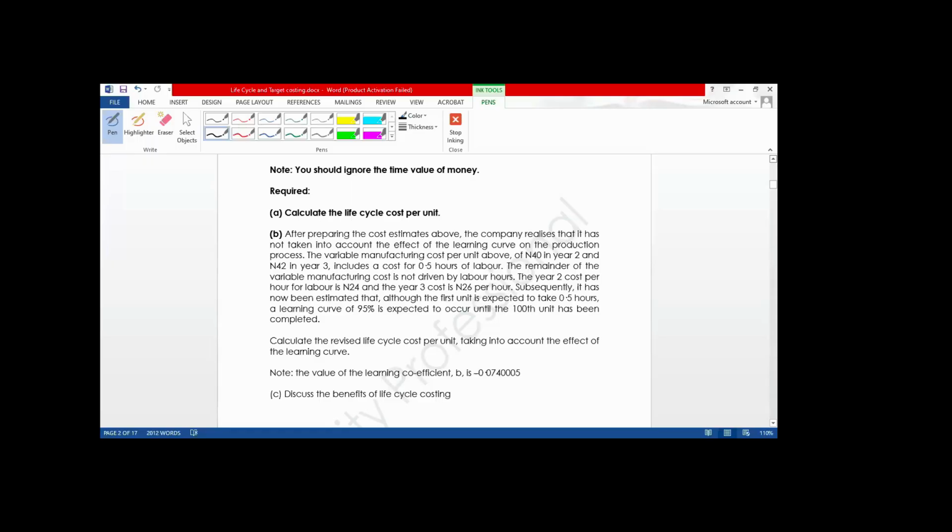And we expect that the hour you spend on a repetitive task will continue to fall up to the point where you are going to have standard labor hour. Now, examiner says there is a learning curve, and that learning curve will have impact on labor-related variable manufacturing costs. Hence, there is need to separate.